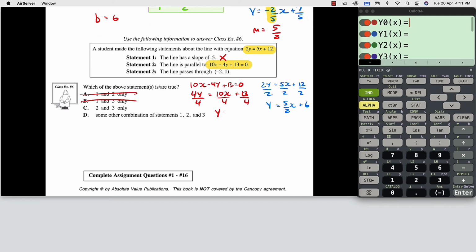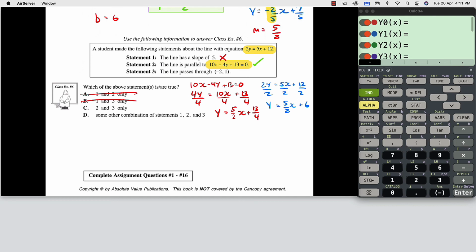And that leaves me with y equals 10 over 4. 2 can divide into both of those, so we get 5 over 2x plus 13 over 4. So its slope is 5 over 2. The original line has a slope of 5 over 2, which indicates that it is parallel. Statement number 2 is true.